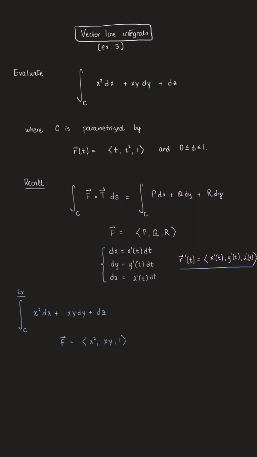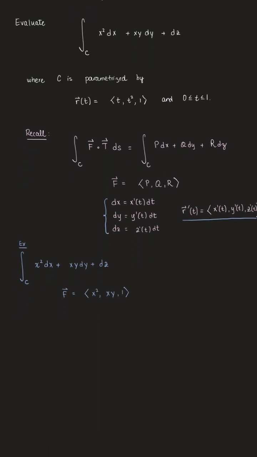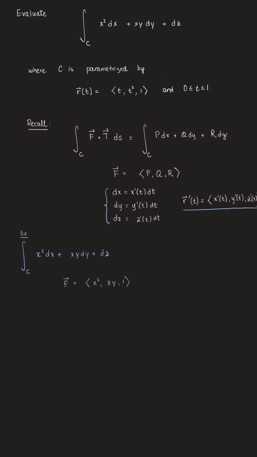All right, so let's think about this a little bit more. We'd like to be able to evaluate this. And to evaluate this, we can split it into 3 separate integrals, really. And then we can change everything to t's because our parameter interval is with respect to t, so we might be able to use that.